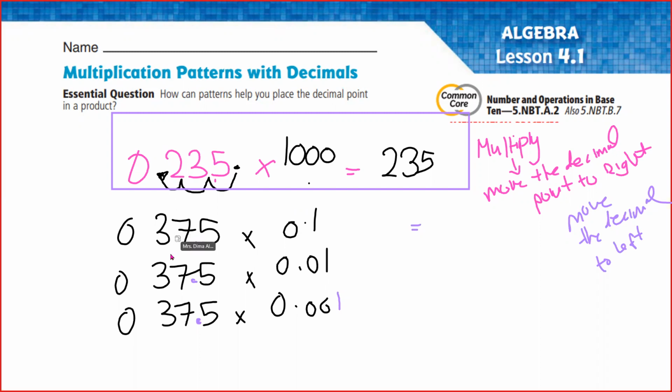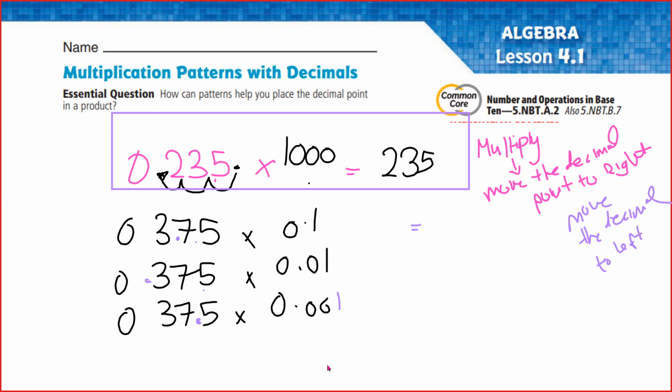Be careful. Here, how many digits after the decimal point? 1 and 2, is it right? We have 2. Yes. So how many digits do we move the decimal point? To the left or to the right? If I multiply by 0.01, to the left. So I will move it 1, 2.